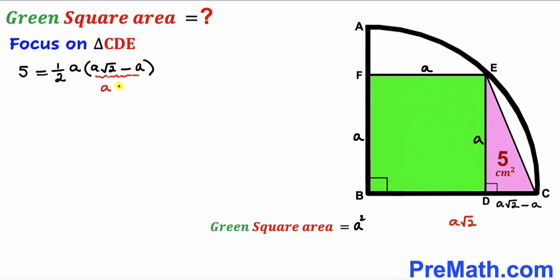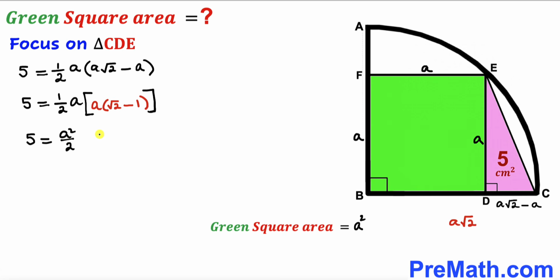So I can write a times square root of 2 minus 1, as you can see in this next step. And now I'm going to multiply out: a times a is going to give us a square. So therefore we could write 5 equals a square divided by 2 times square root of 2 minus 1.